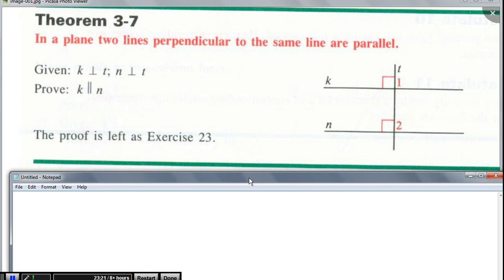Angle 1 is congruent to angle 2 because of the definition of congruent angles. What justifies step 2? Definition of perpendicular. Thank you. Then, as the last step, K is parallel to N because if two lines are cut by a transversal and corresponding angles are congruent, then the two lines are parallel. Question?